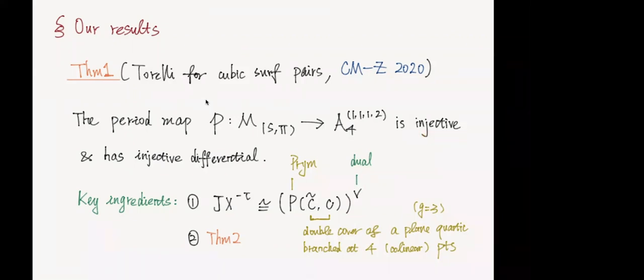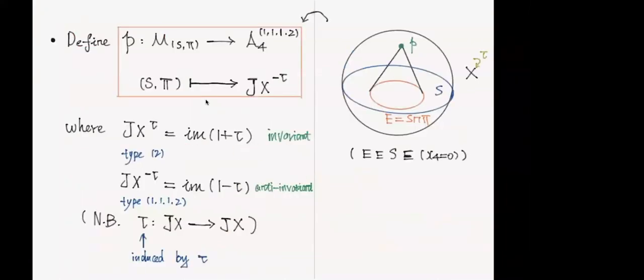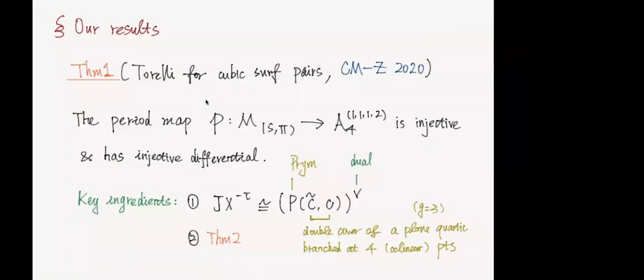To prove that this map is injective, there are 2 ingredients. The first ingredient is that we proved that this anti-invariant part defined here is isomorphic to the dual abelian variety of some Prym. Later I'll explain what C and C tilde are, but here let me just say that this involves a double cover of a plane quartic.